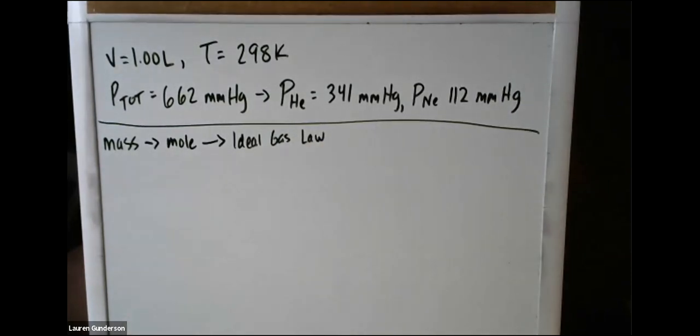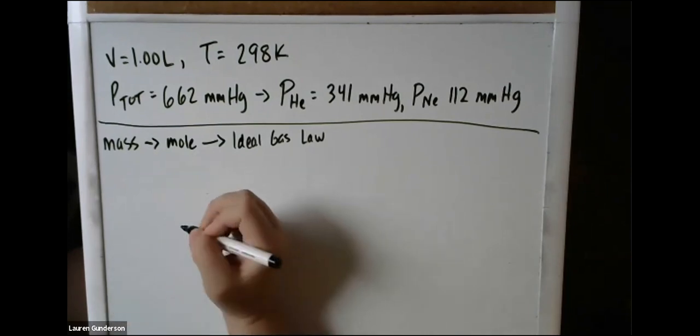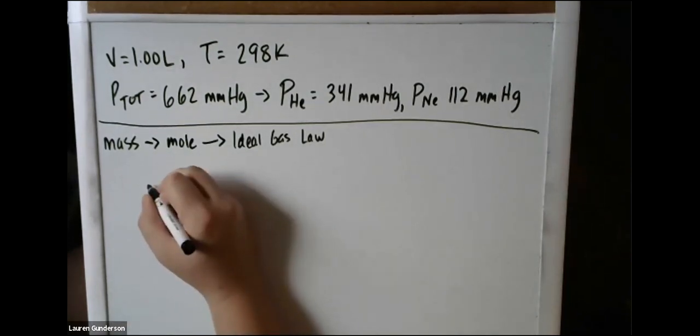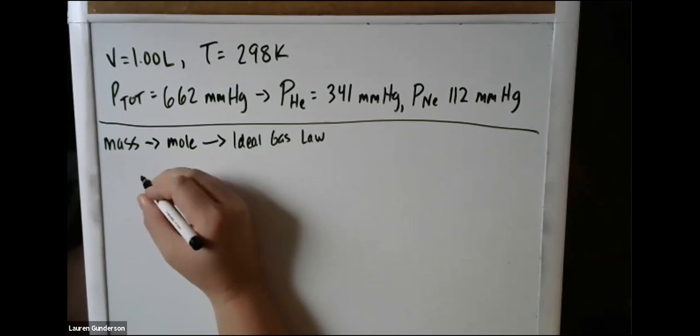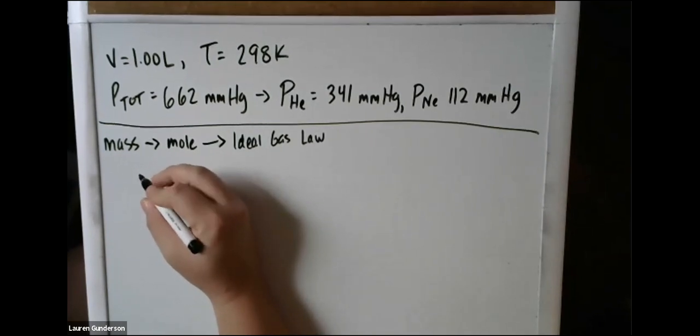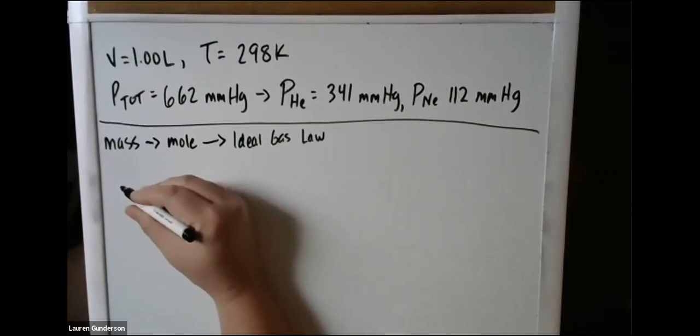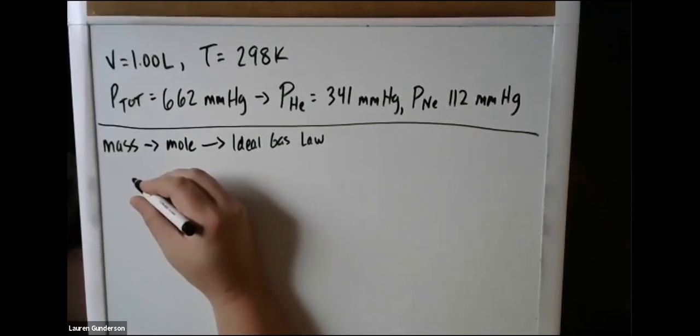One of the variations of the ideal gas law that we just looked at was the fact that we can solve the ideal gas law for moles of argon specifically, as long as we know the partial pressure of argon specifically.